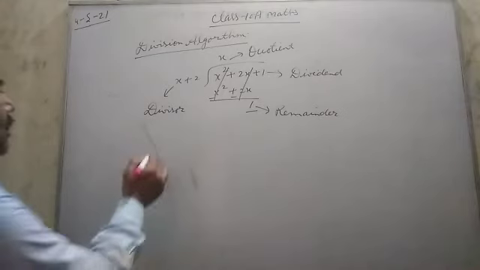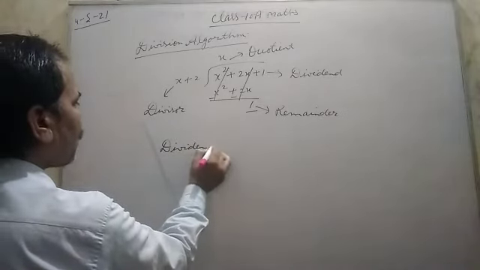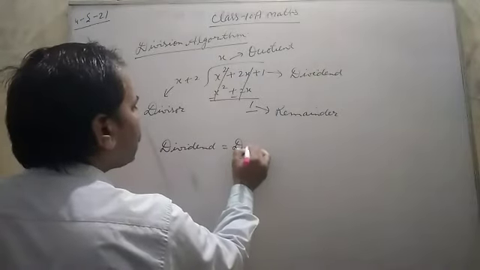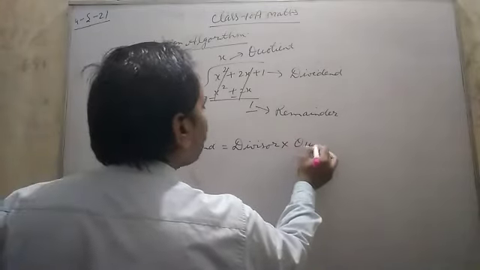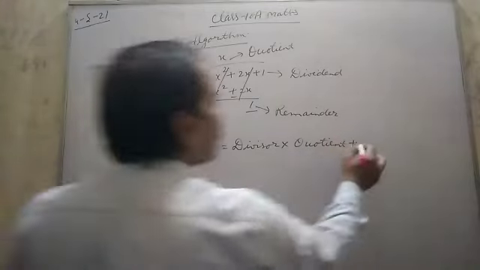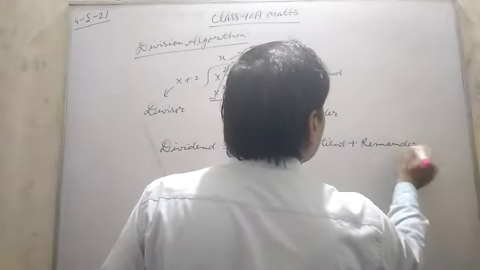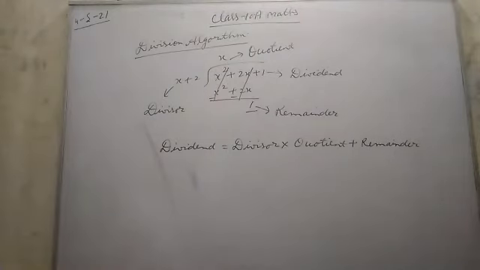So we know that dividend is equal to divisor into quotient plus remainder. Okay, dividend is equal to divisor into quotient plus remainder.